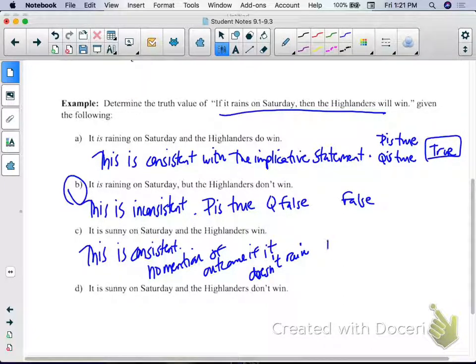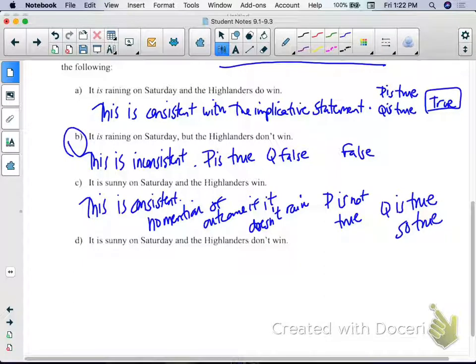So in this case, P is not true, Q is true. So the whole thing is true, basically because I can't prove it false. We don't know that just because it's sunny means that they won't win, so we assume that must be true.